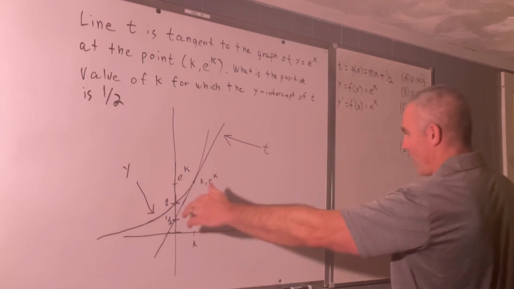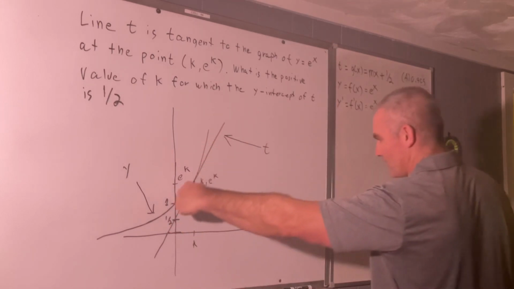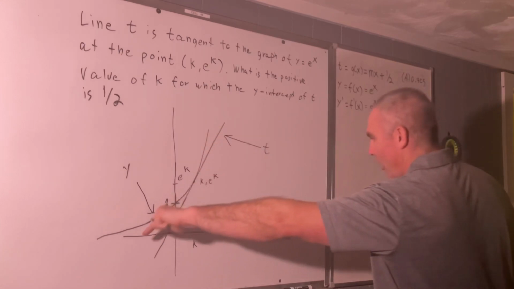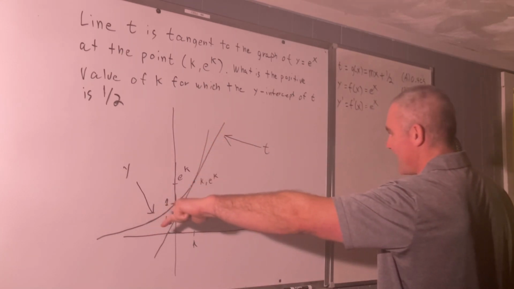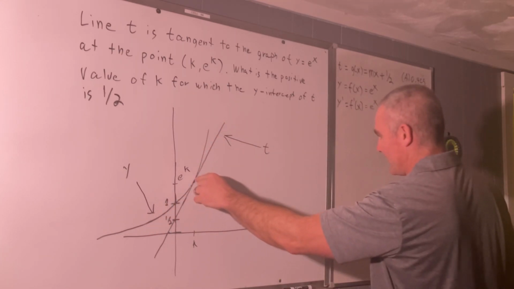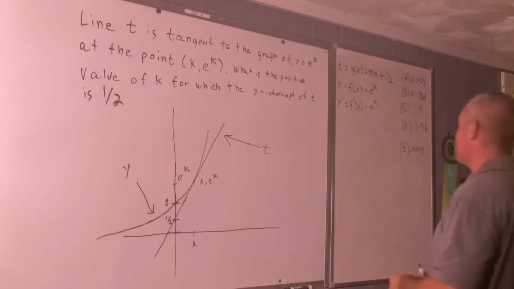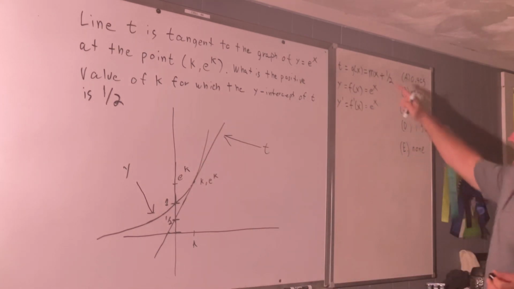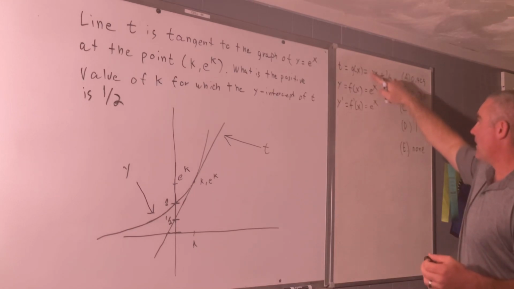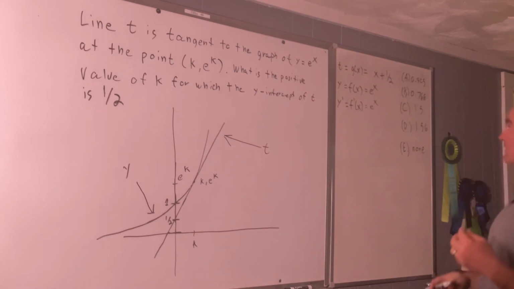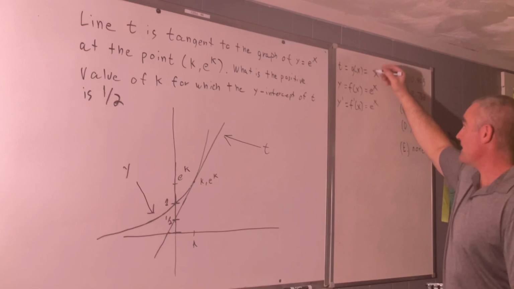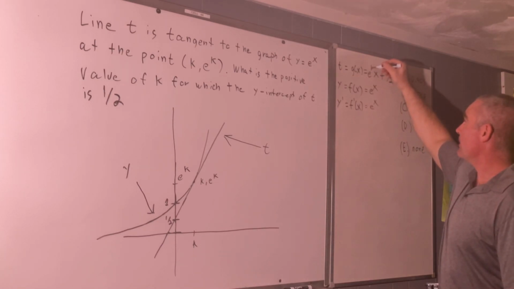I hope you understand why. This is the function e to the x. Any point along it, the slope is going to be e to the x. At any point k, right here, the slope is going to be e to the k. So we can replace this slope, m, with our known slope, which has to be e to the k.